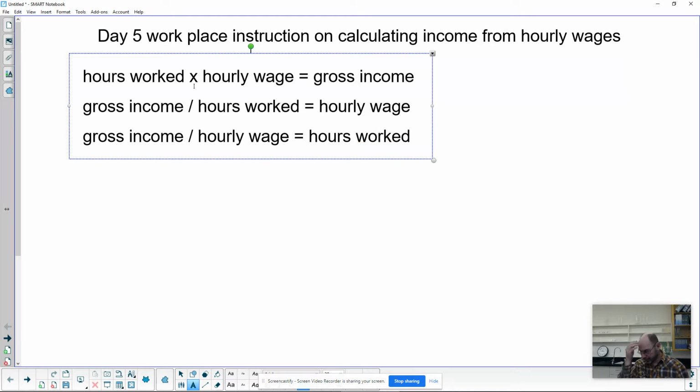There's also something interesting: you can get a premium on an hourly wage, which is like an overhead payment.